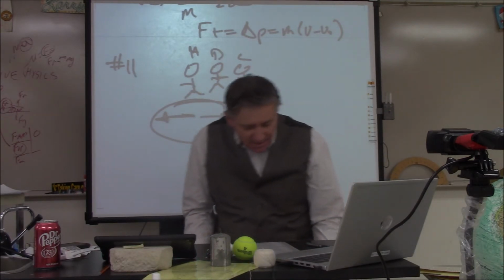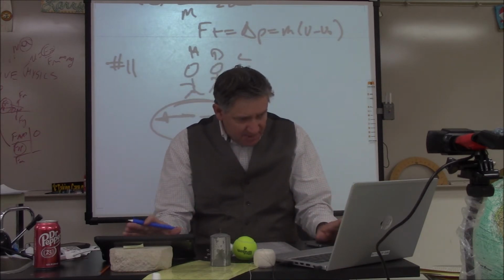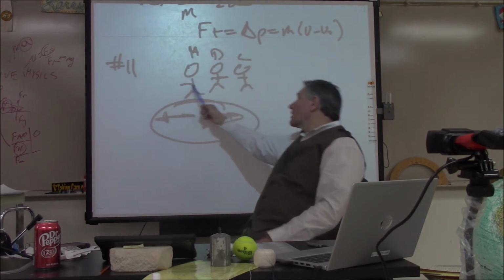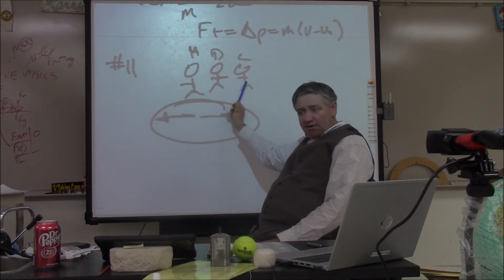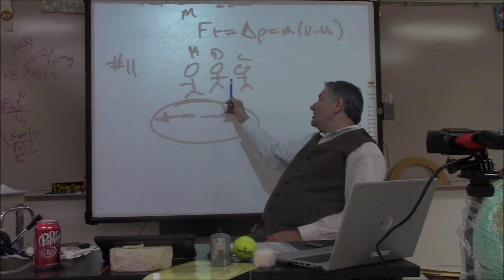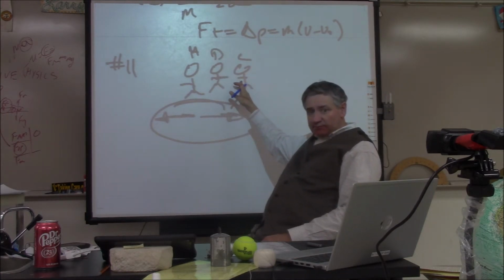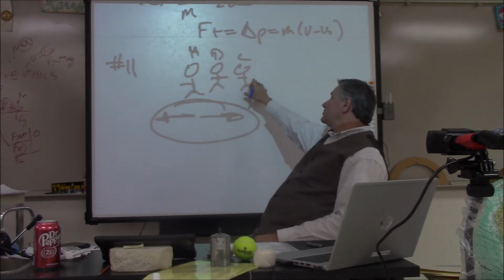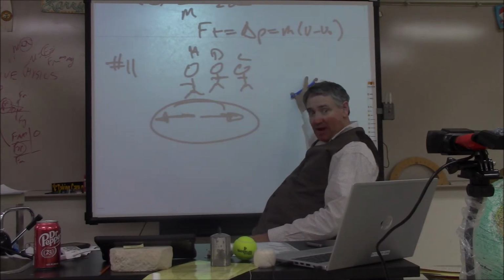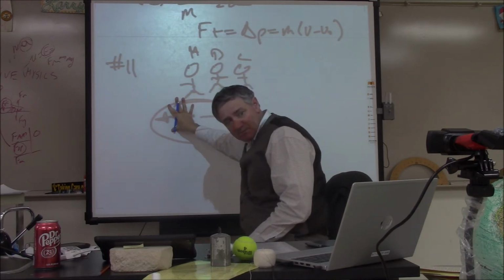Now, on C, here's the deal. Everything still has to add up to equal 0. So you've got this momentum going this way, right? Then you're going to have the interaction between these two, and everything still has to add up to equal 0. So here's an option: Dewey runs into Louie, he stops, and he transfers all of that momentum to Louie. Then Louie would have that positive momentum, which would balance out the momentum of Huey.